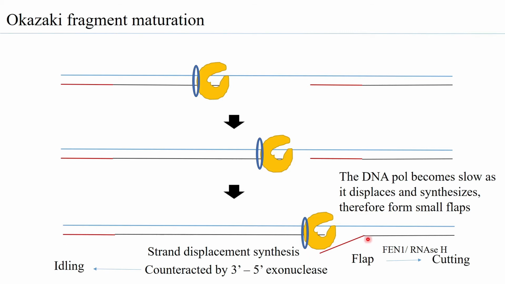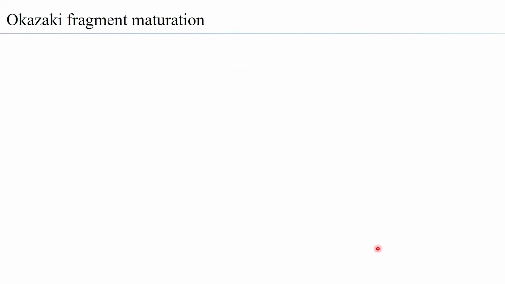While the flap is being formed, it is basically FEN1, flap endonuclease 1, that cuts it. So it could be either FEN1 or RNase H, although many studies have suggested that it is more FEN1 that is involved in Okazaki fragment maturation.